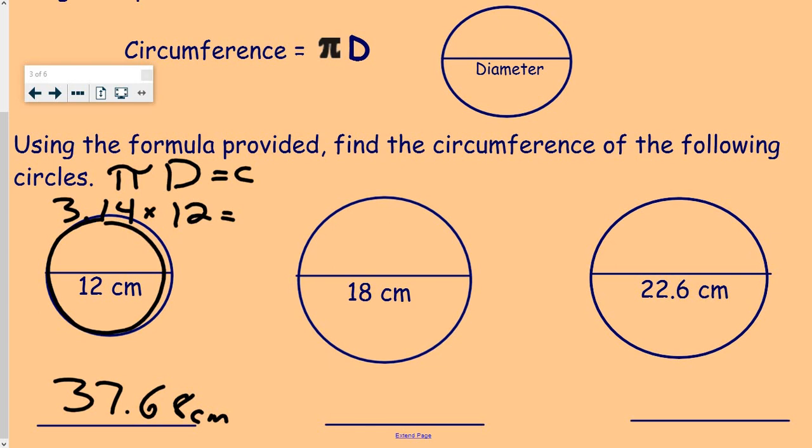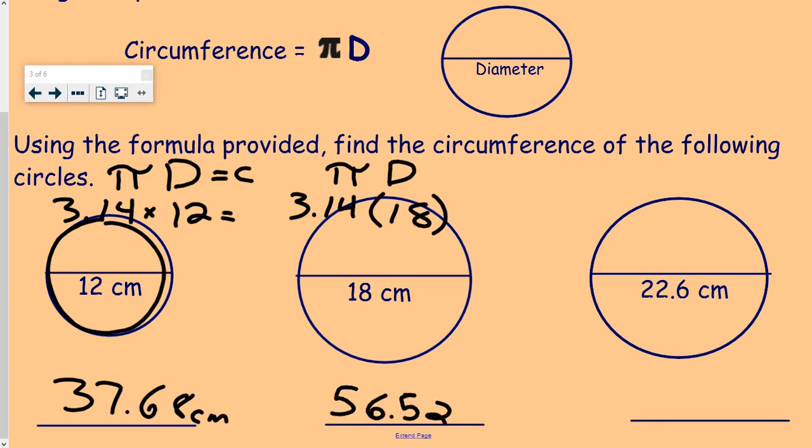To find the next one, it's the same thing, pi times d. Pi equals 3.14. D equals 18. That equals 56.52.